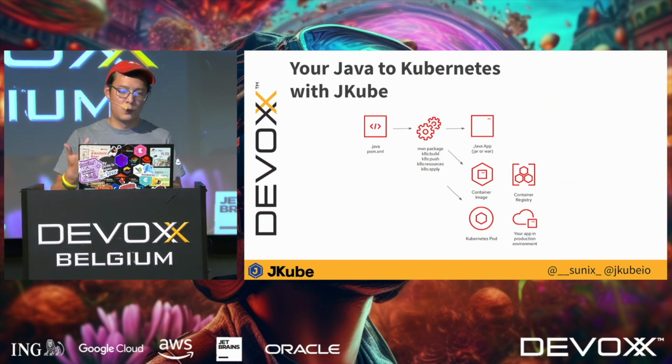And with Jcube, it's really simplifying all the process. You would do everything with Maven, and there's less to do. So you have no Docker file, no YAML file to manage.